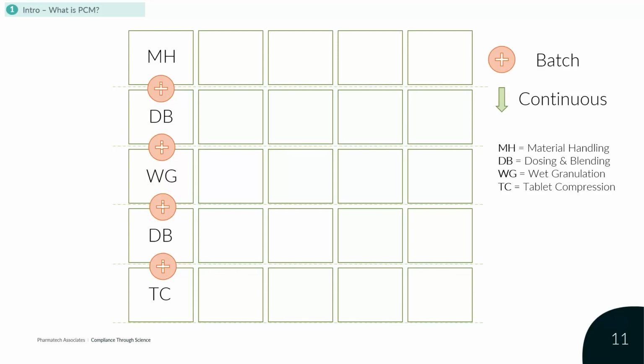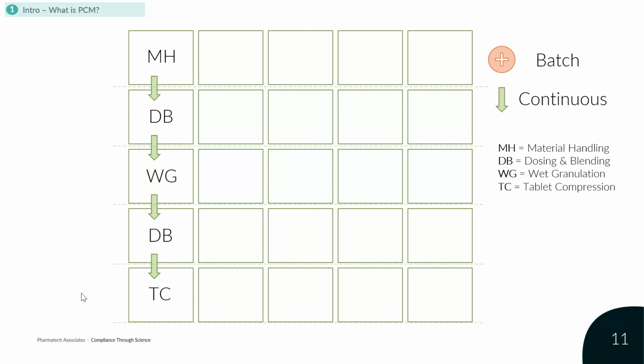Having another blending and then going to your tableting, for example, or capsule filling, whatever is your final end dose. In a typical batch process, this is happening consecutively, one after the other, with intermediates maybe delivered in bins from one suite to another. So that's a typical starting point everyone knows and is familiar with.